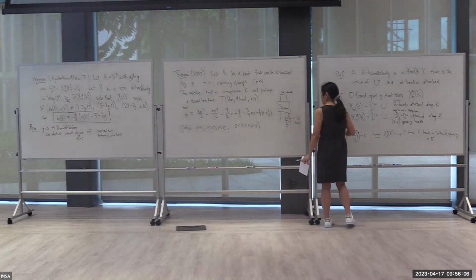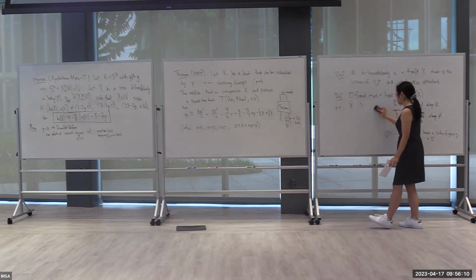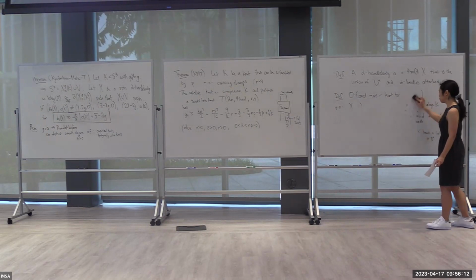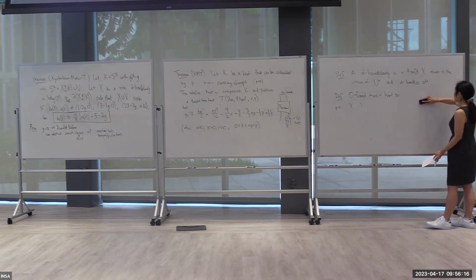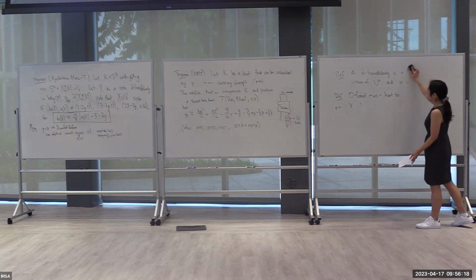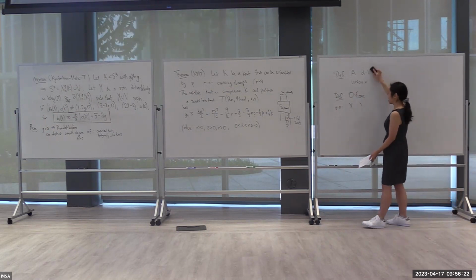Is the inequality you wrote ever an equality? We haven't found any examples of knots where this inequality is sharp. But at least I think it's the right order of magnitude.